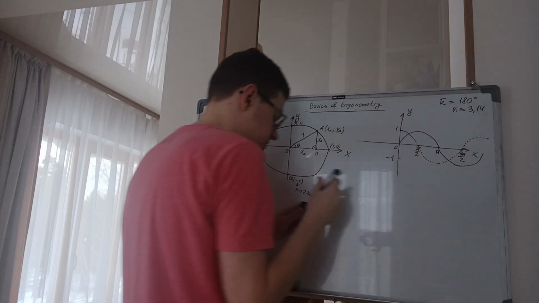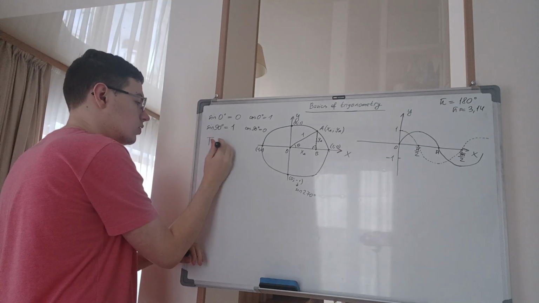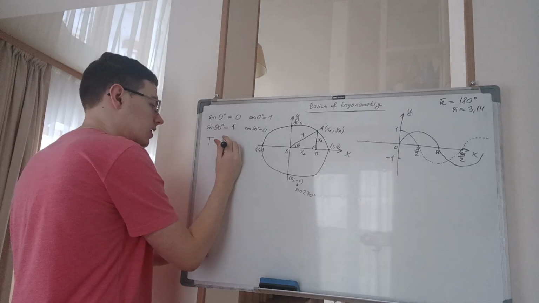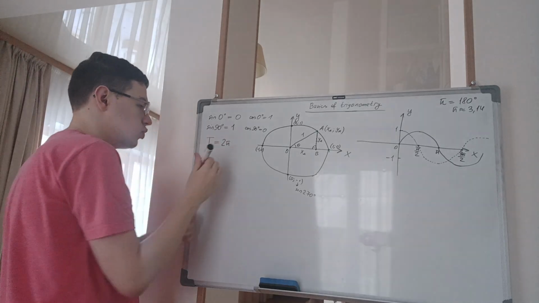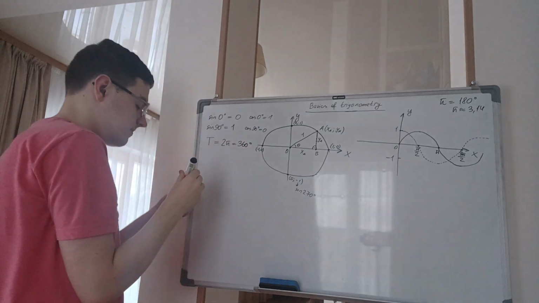These functions are periodical. They have their own period, the value after which the values will repeat. They have the period of 2 pi. That means 360 degrees.